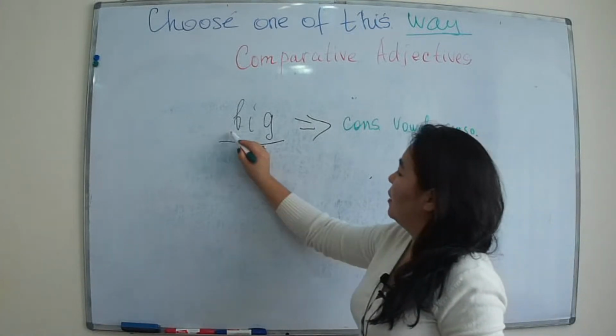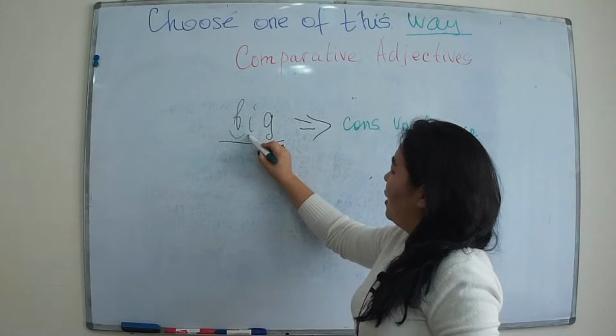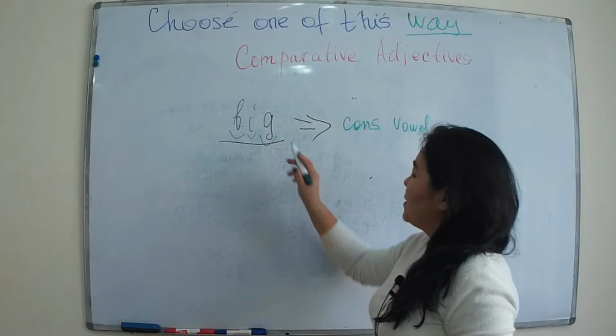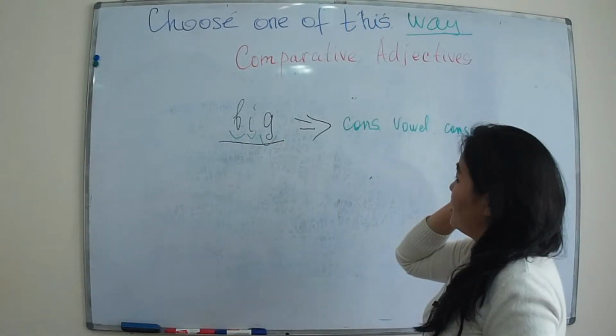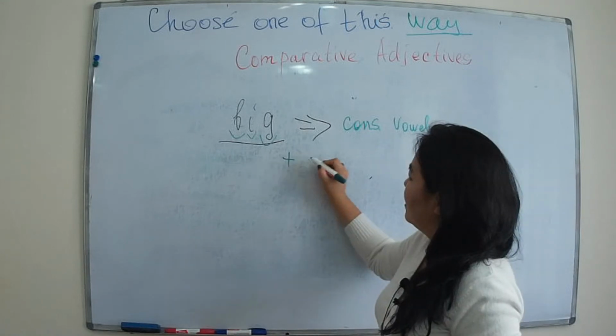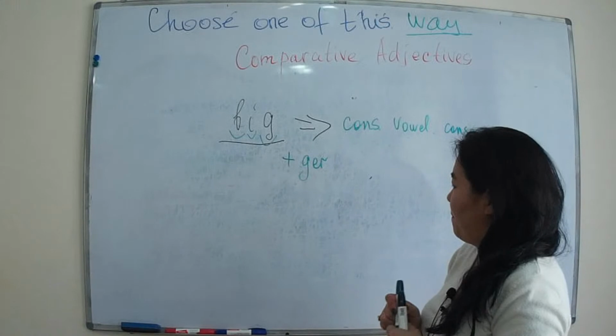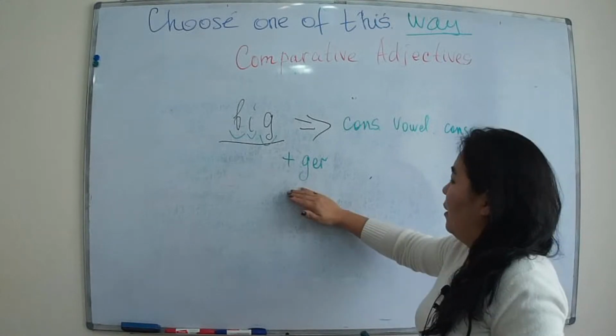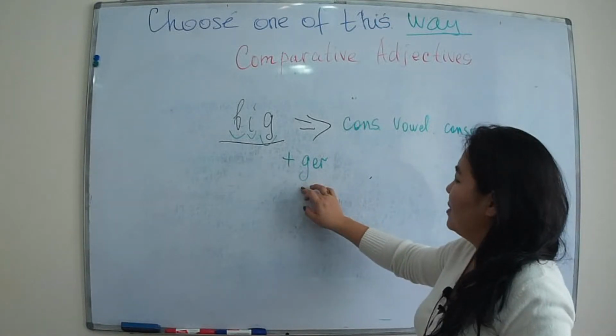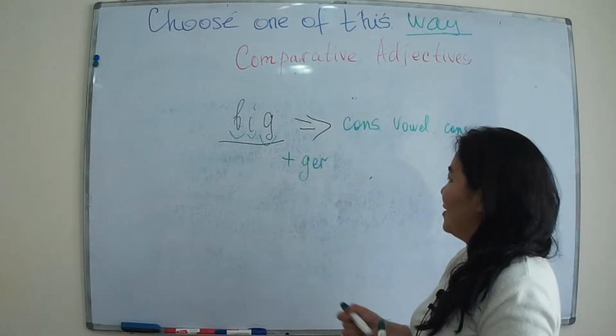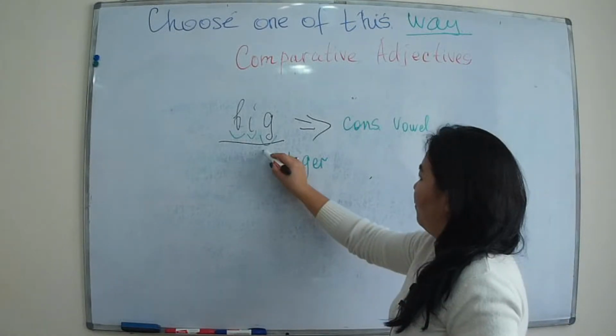Yes, B-I-G. And to do comparative adjectives, we add the ending er, and it has double G. You see?